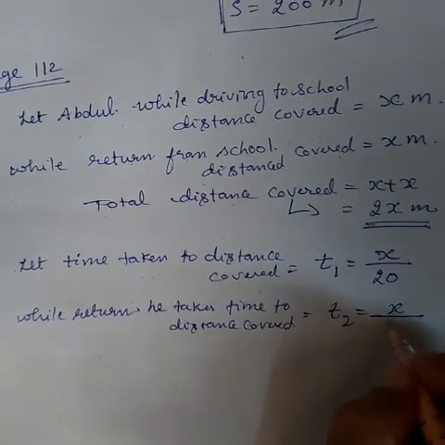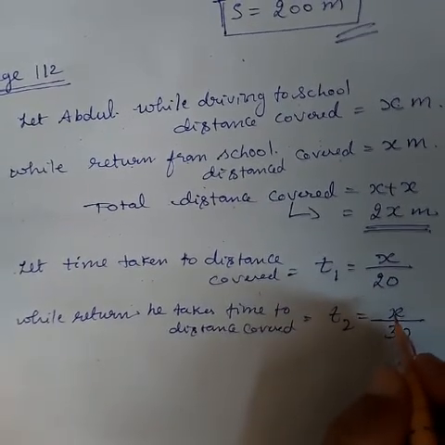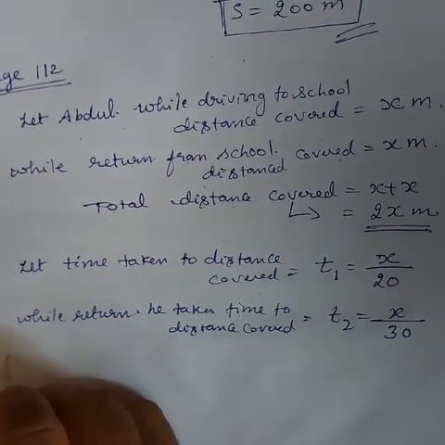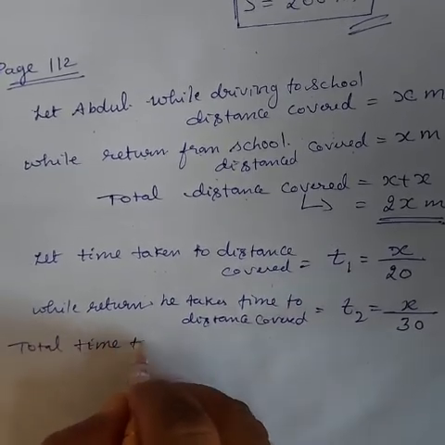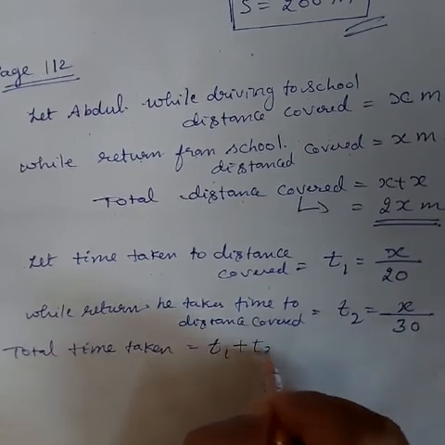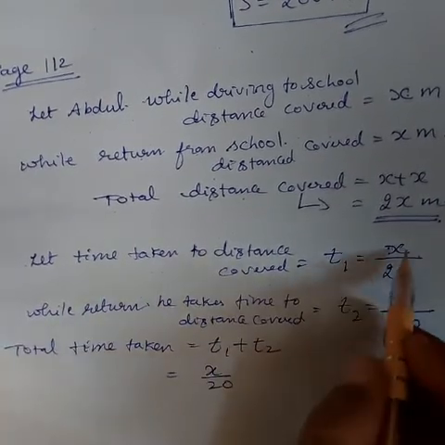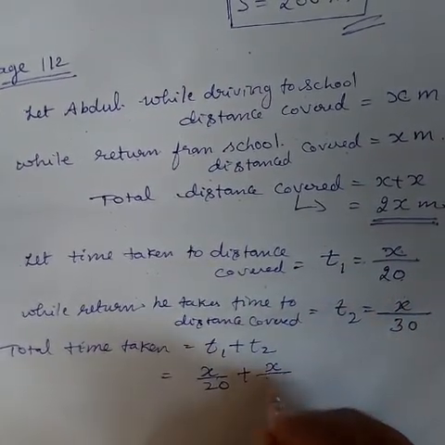That is 30 kilometer per hour. Now we have the total time taken. Total time taken is t1 plus t2, t1 value is x upon 20 plus t2 value is x upon 30.